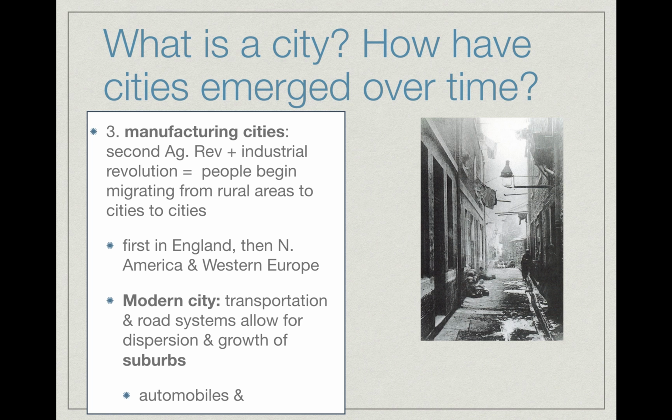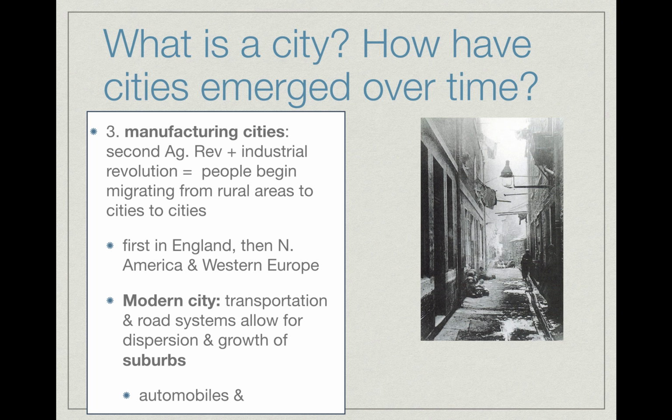After the Second Agricultural Revolution, people began to have a lot more food, population boomed, and we had the ability to feed more people. In turn, people began moving to the cities where they could be fed, sort of a chicken and the egg argument here. The Industrial Revolution helped the Second Agricultural Revolution, and the Second Agricultural Revolution helped fuel the Industrial Revolution in terms of feeding the population.